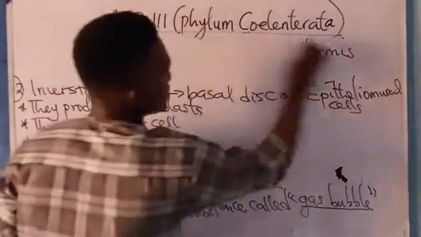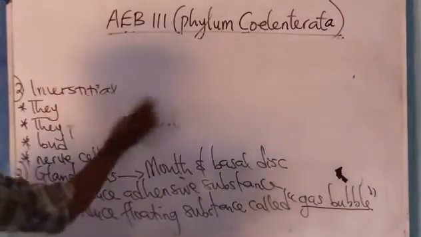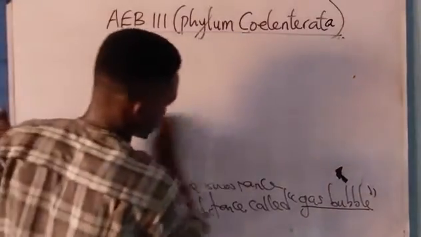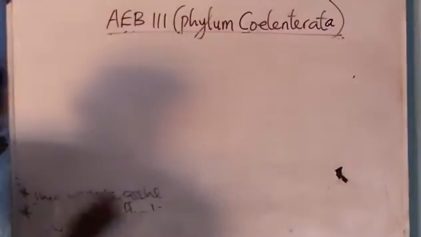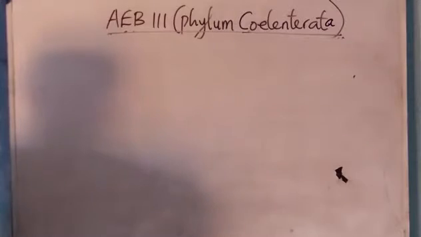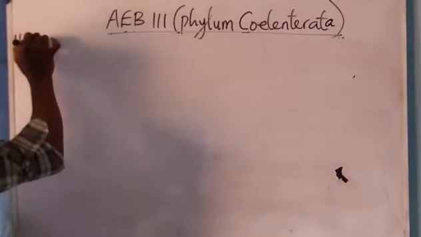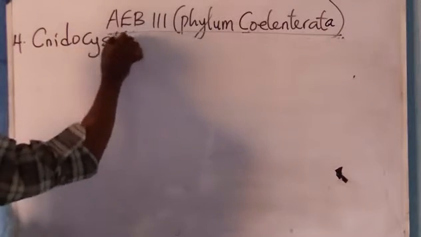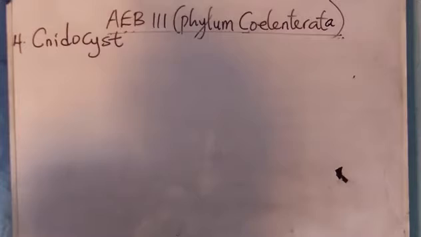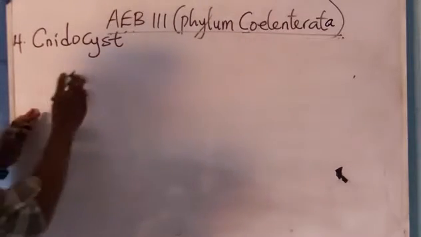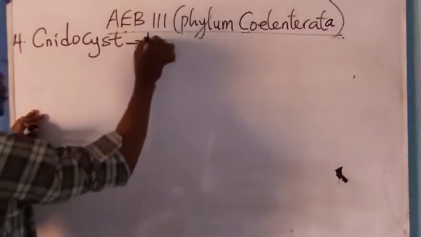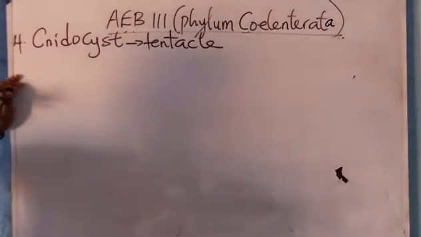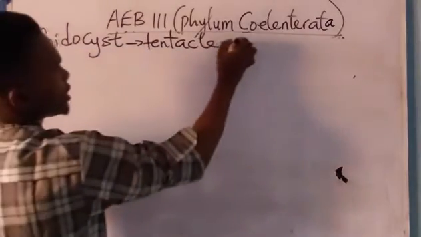The next one, which is number 4, is the cnidocytes, or cnidocysts, as the case may be. These cells are majorly found on the tentacles. They are also found on the epidermis.